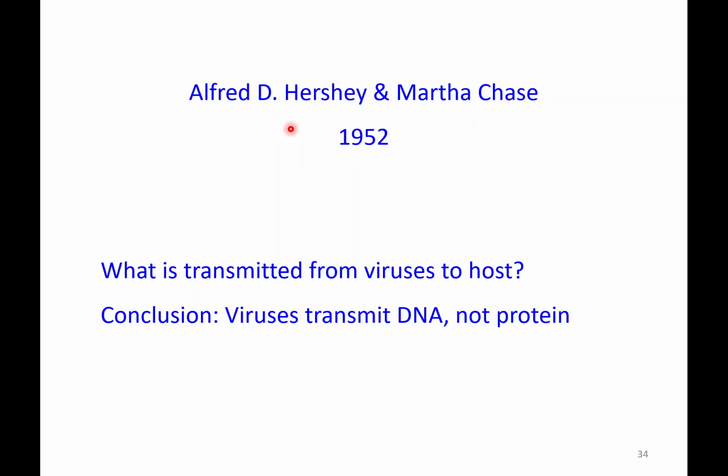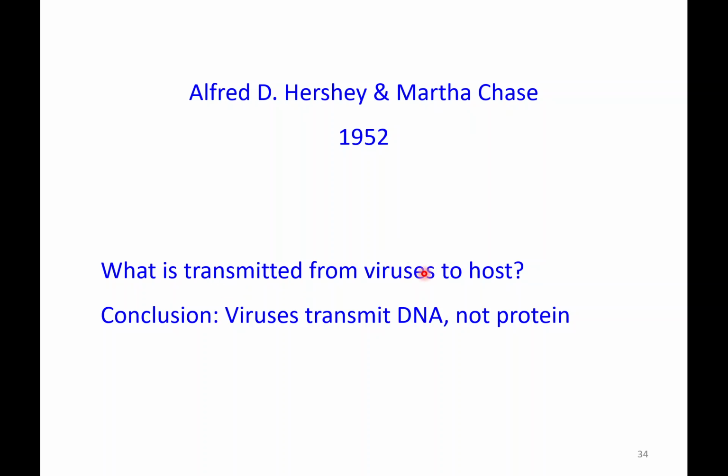Right. Those experiments were mid 30s to early 40s. The early 50s saw some other experiments, where this field really took off. Hershey and Chase in 52 wanted to really prove this idea that DNA was the inheritable material, and so they used viruses.